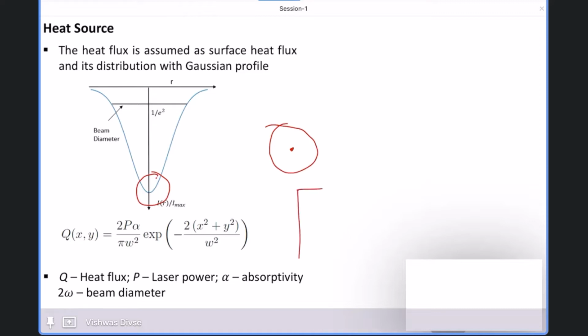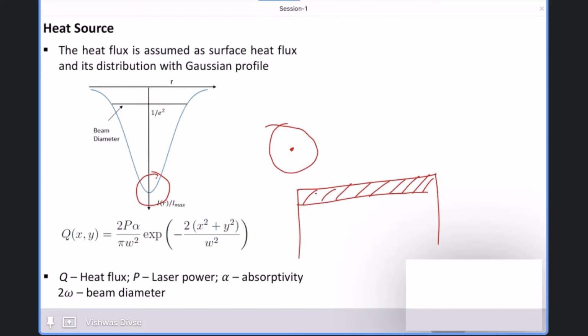In the last slide, I showed you a machining portion. What is seen, laser is absorbed only up to a few micrometers, or I can say a few nanometers of the depth. When the laser beam is incident on the surface, it is not absorbed throughout the volume of the workpiece. It is just a surface phenomenon.